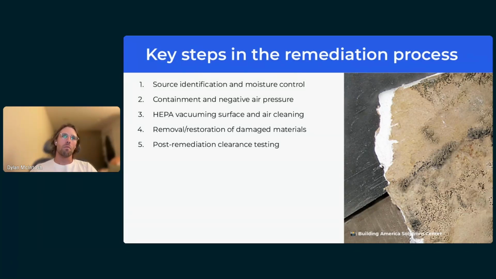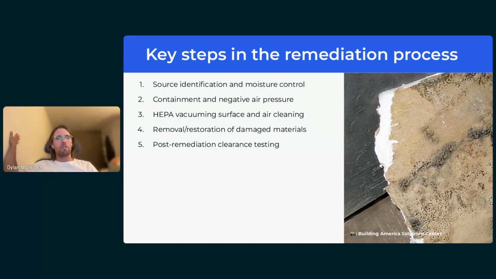Typically, when you're vacuuming surfaces, imagine in this office that I'm working in, we find mold on this wall. Maybe it leaked, it's an external wall, and maybe the masonry on the external wall has been compromised and moisture was brought in during a rainstorm, and this drywall has been affected.